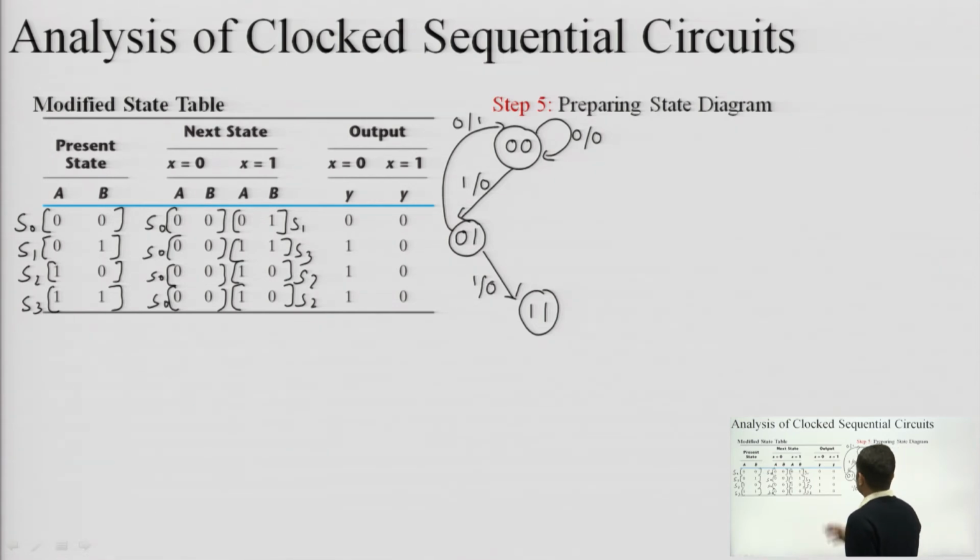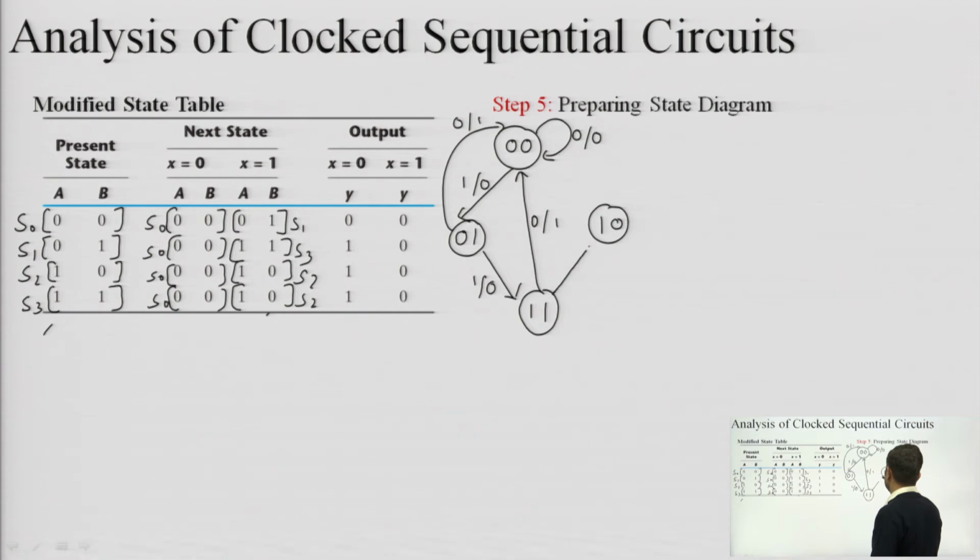Then for 1 0, I am not able to see that, so first I will be covering this last row, 1 1. So 1 1, next state will be 0 0, and output is 1. Okay. And similarly for this one, x is equal to 1, the next state is 1 0. So this is 1 0 for x is equal to 1, and in this case output is 0.